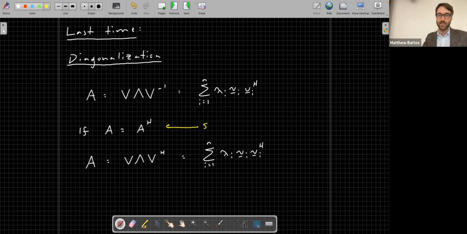Again, this is the spectral theorem. The eigenvalues will always be real, and our eigenvectors can be put together as a unitary matrix, such that V is equal to V Hermitian is equal to V inverse. Okay, so that's one case where we know it is always diagonalizable.